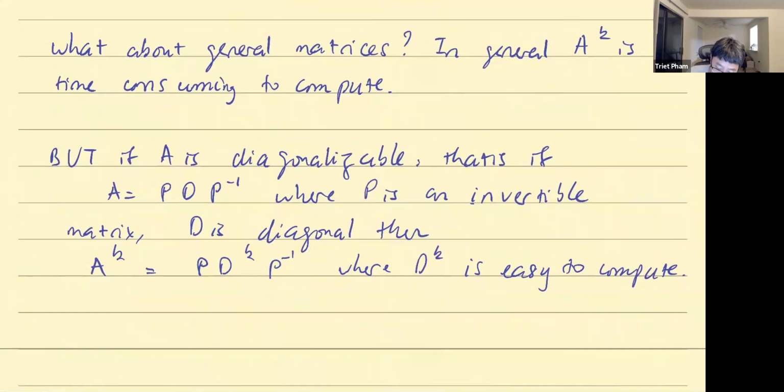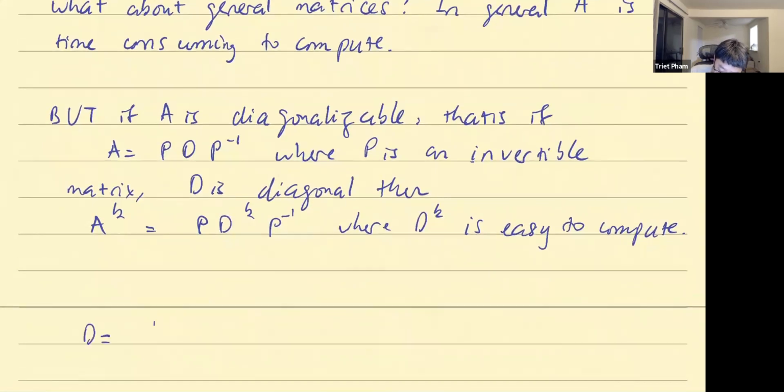In other words, if D, right, let's say is lambda 1, 0, 0, lambda 2, we have discussed that, right, D to the k is just lambda 1 to the k, 0, 0, lambda 2 to the k.